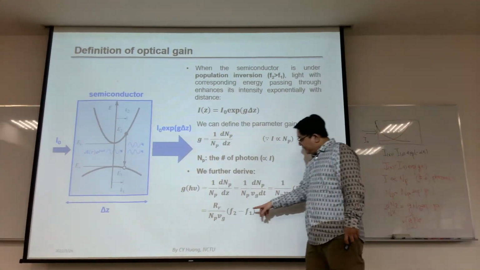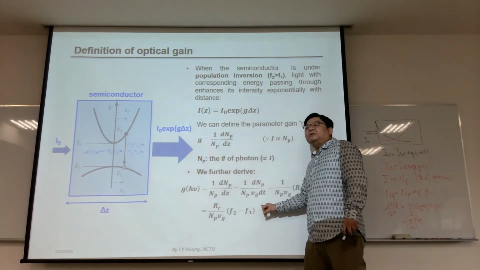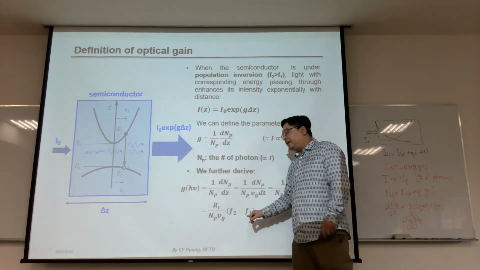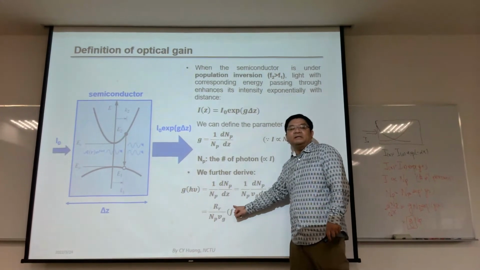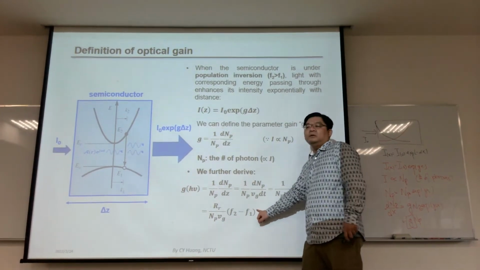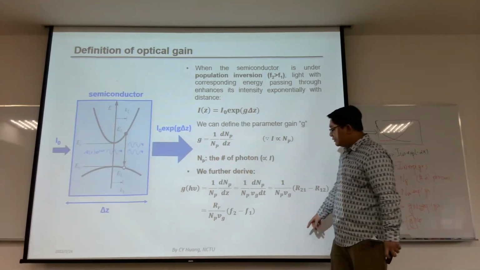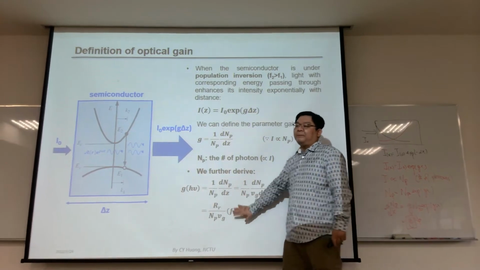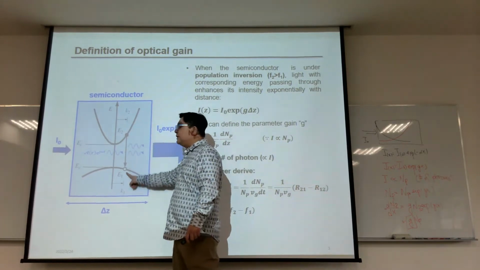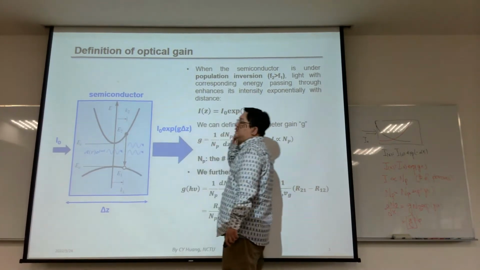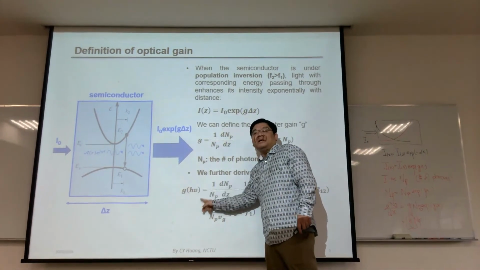If F2 is larger than F1, which means you are pumping so hard that the probability of a carrier in the higher level is even more than that in the lower level, it's called population inversion. When population inversion happens, you get a positive gain for the absorption and stimulated emission at a specific h nu.